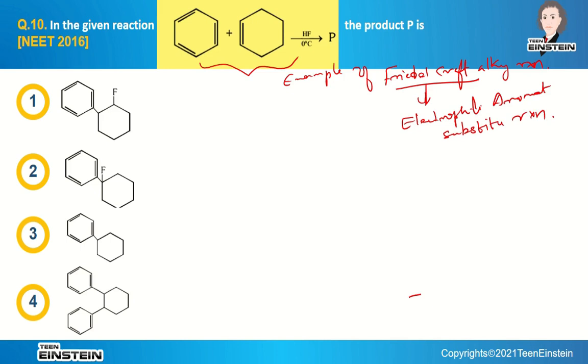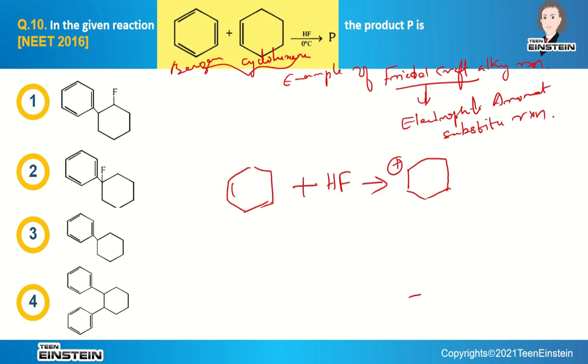So in this reaction, this is benzene, this is cyclohexene. The pi electrons of cyclohexene react with hydrogen fluoride and form a carbocation.